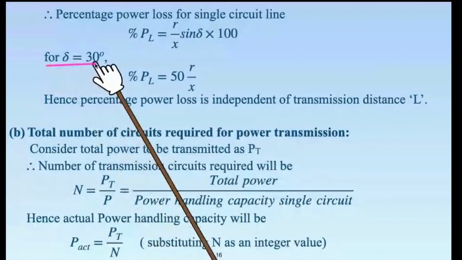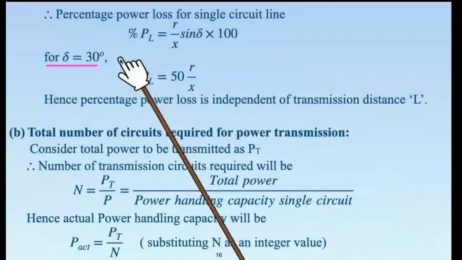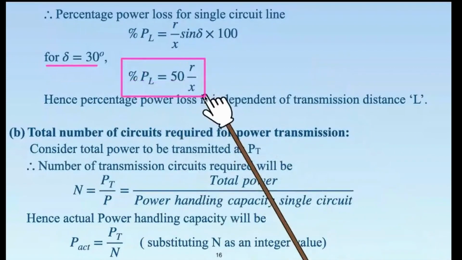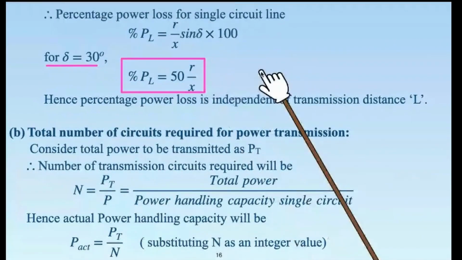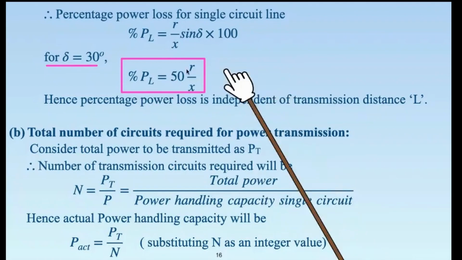Assuming that the delta value is a standard value of 30 degrees, you can check here that the percentage power loss obtained through this derivation is percentage PL equal to 50 R by X.